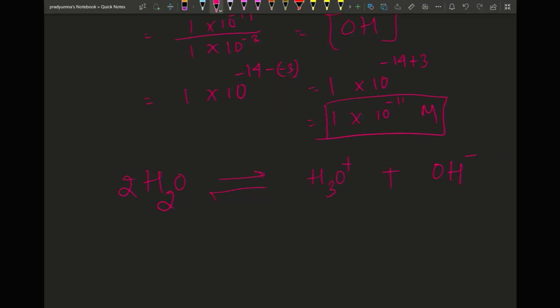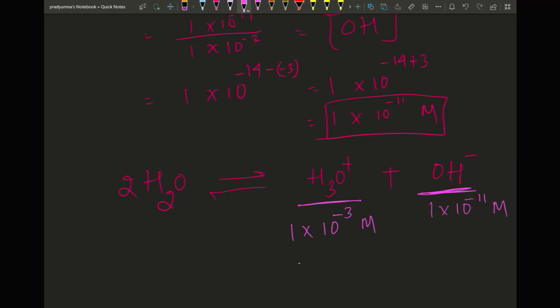What was our H3O plus concentration? It was 1 into 10 to the power negative 3 molar. And we just calculated the OH minus concentration is 1 into 10 to the power negative 11 molar.